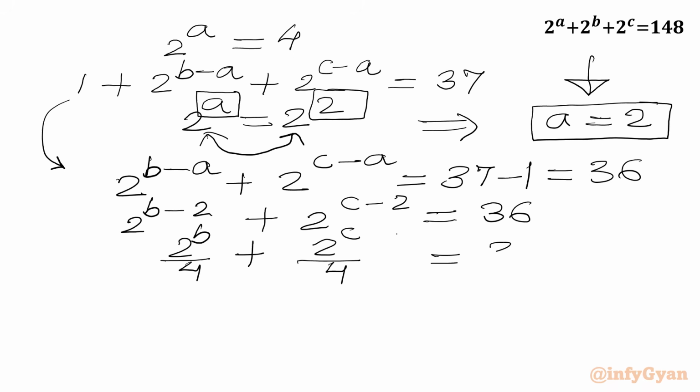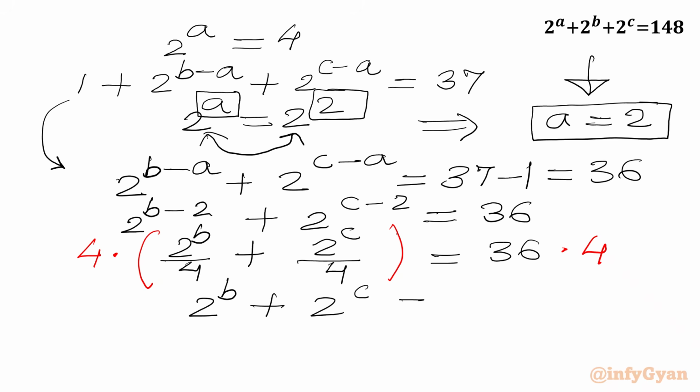equal to 36. Now to eliminate 4 from the denominator, we need to multiply both sides by 4. So we'll multiply in RHS and LHS. After expanding our LHS, we will get 2 power b plus 2 power c equal to 36 times 4. 36 can be written as 9 times 4.